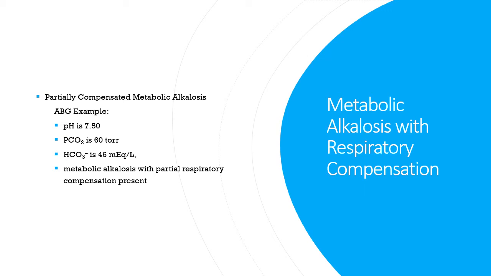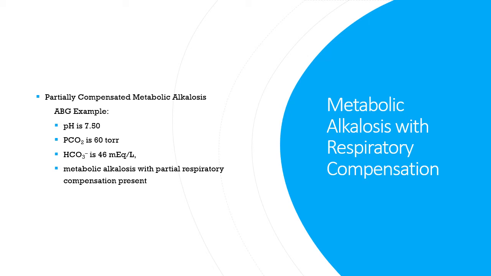Let's look at an ABG example of partially compensated metabolic alkalosis, or metabolic alkalosis with respiratory compensation. In this case, the pH is elevated at 7.450, greater than 7.45. The PCO2 is 60 torr, again elevated well above a normal range of 35 to 45 torr.